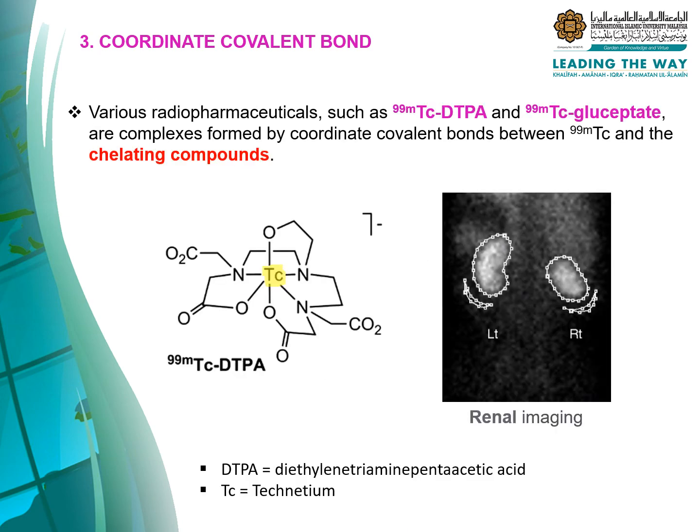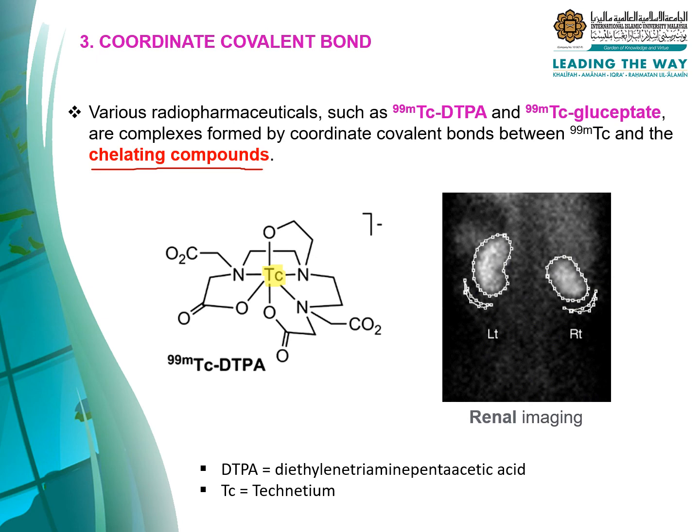Coordinate covalent bonds are very important for radiopharmaceuticals. Various radiopharmaceuticals such as 99mTc-DTPA and 99mTc-gluceptate are complexes formed by coordinate covalent bonds between 99mTc and a chelating compound. The chelating compound is DTPA or gluceptate.